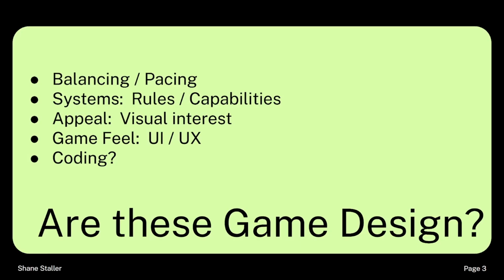Appeal, for some people, game design is about the visual interest, how the game looks, game feel, how the game feels to play. And some people who know nothing about game design, but they're familiar with the concept of games and video games.